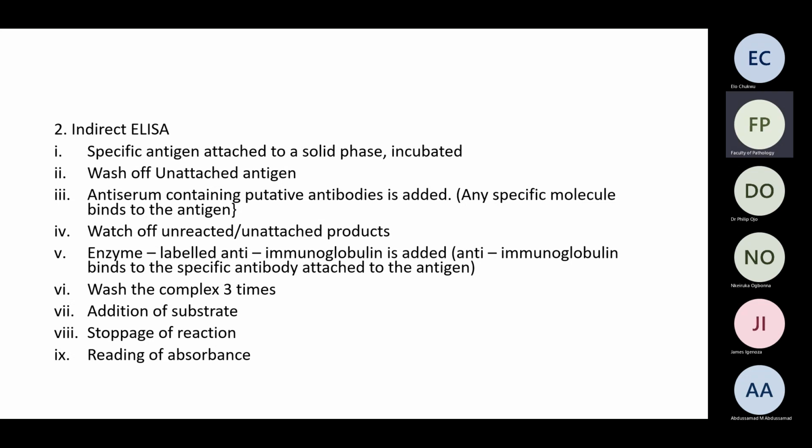If, for instance, the antiserum you added is from rat, your second antibody, which is conjugated, has to be an anti-rat immunoglobulin.